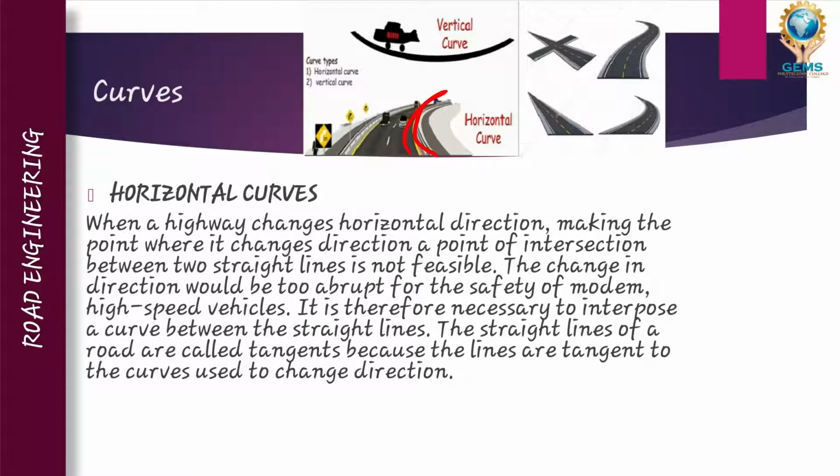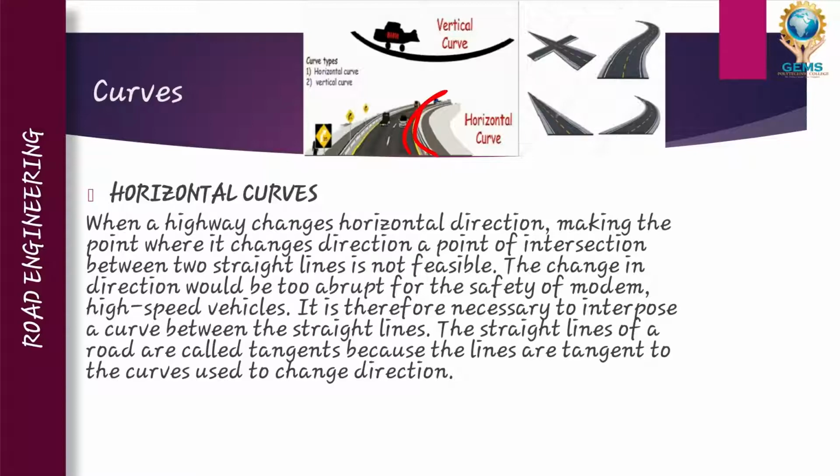The change in direction would be too abrupt for the safety of movement of high speed vehicles. It is therefore necessary to interpose a curve between the straight lines. The straight line of the road is called a tangent, because the lines are tangent to the curve that is used for changing the direction.